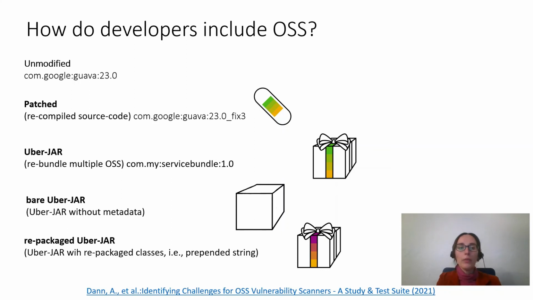Then we have bare Uber jar, which is a Uber jar where all metadata are removed. And finally, we have repackaged Uber jar, which is a Uber jar, so a box containing multiple open source software, but the classes are repackaged, so the namespaces are modified by usually prepending a string.